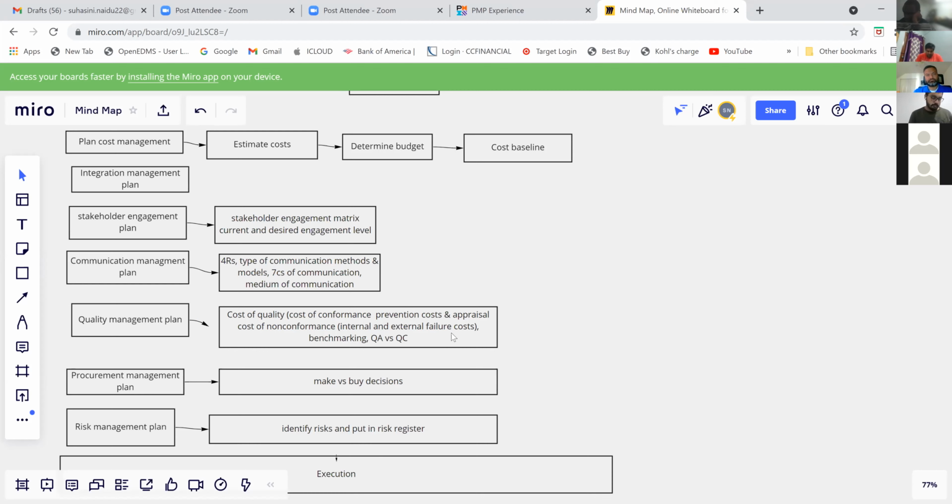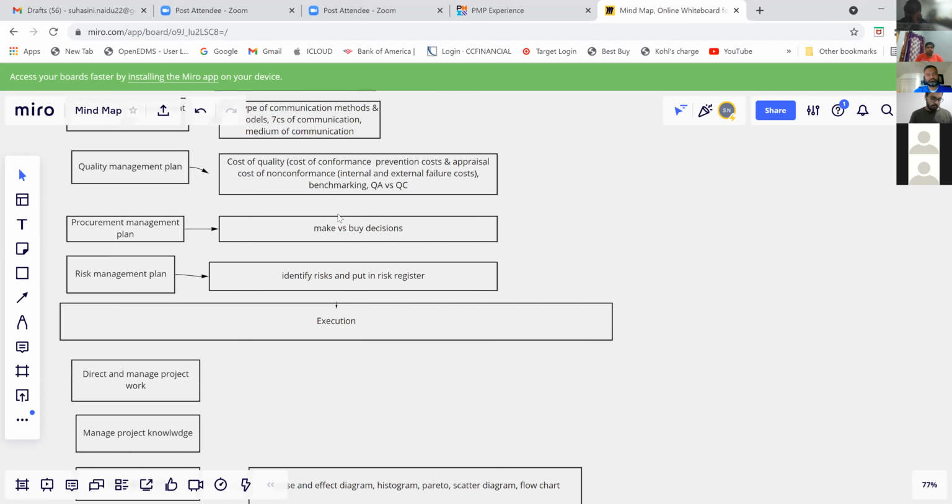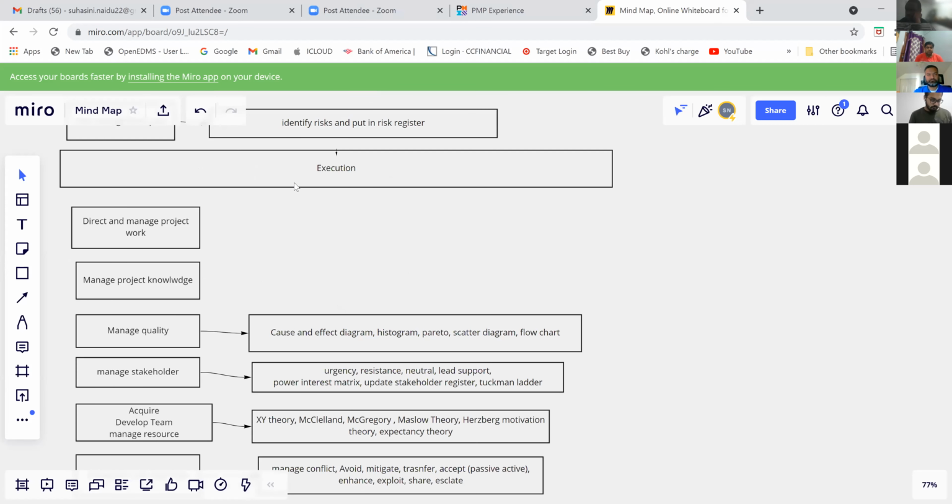It also covers quality assurance versus quality control and benchmarking. For the procurement management plan, it's make or buy decision, and then the risk management plan will identify risks and put them in the risk register.